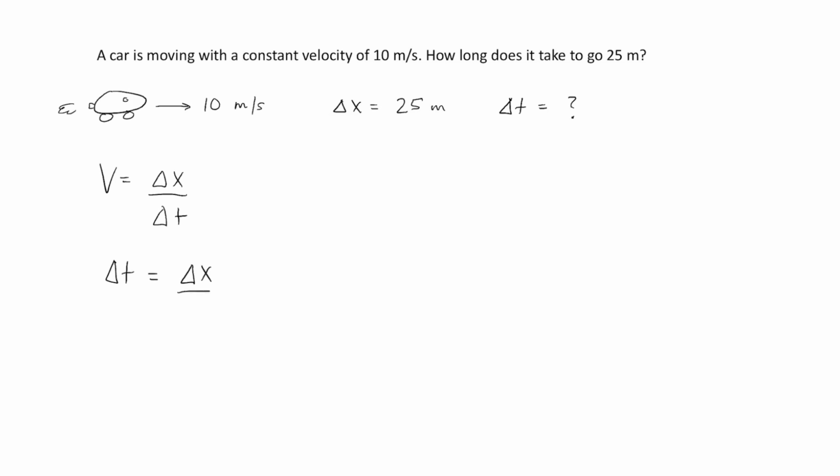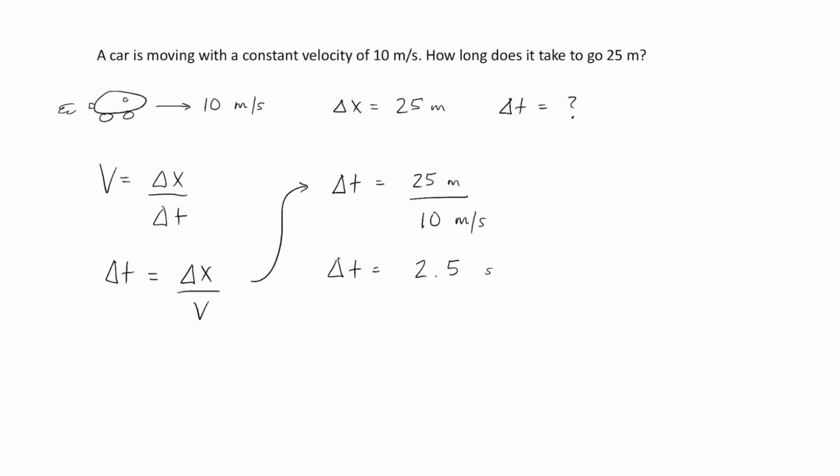All we need to do is rearrange and isolate for delta t. And then we can plug in our values for delta x and v. And when we do the math, we can see that delta t is equal to 2.5 seconds. This means it would take the car 2.5 seconds to travel 25 meters.